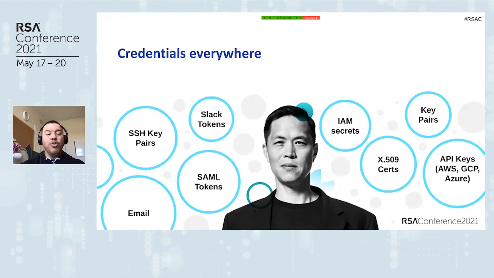So if we put together the processes of IT ops and DevOps, and now put this under the context of a converged perimeter, there are credentials everywhere: from SSH keys, which are commonly used to log into servers; Slack tokens, for example, a communication tool used between many developers and IT operations; SAML tokens, which are basically a way to authenticate through an API; IAM secrets, which usually have to do with identity authentication management, how we authenticate users; certificates, keys, and of course API keys and OAuth tokens.